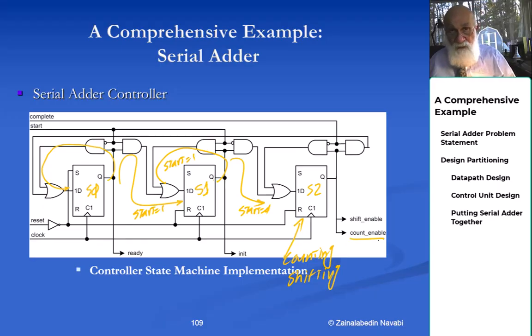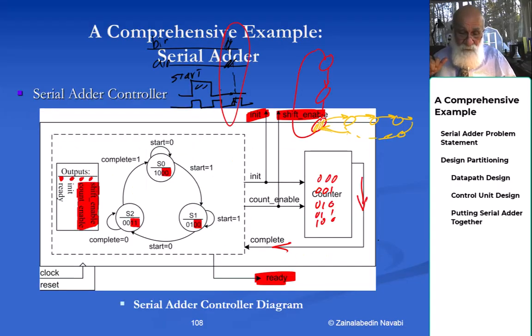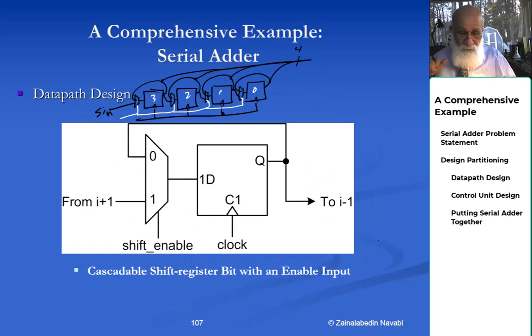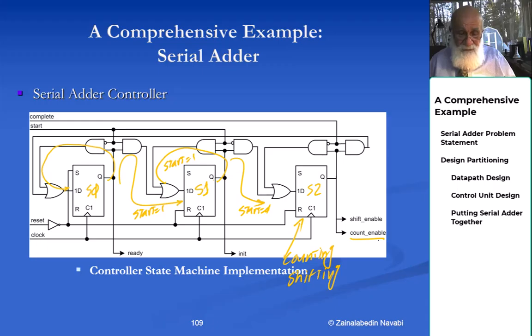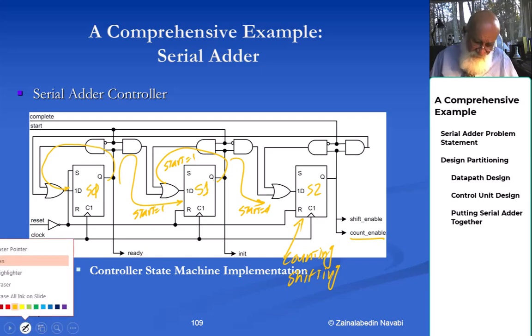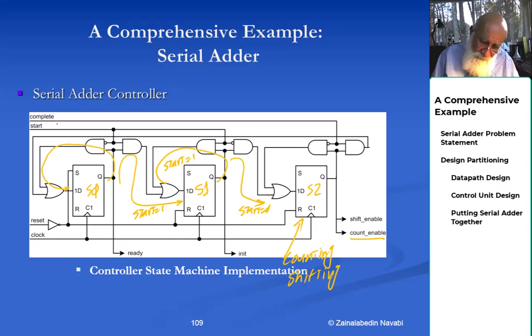I'll show the counter next. And also issues shift enable to the shifter, which we have seen already here, and waits in this state for completed, for as long as completed is 0.